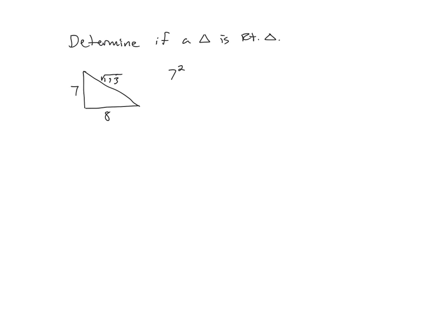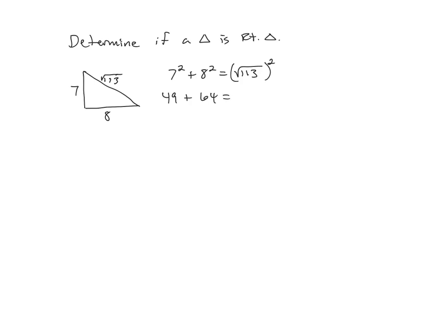So I'm just going to do 7 squared plus 8 squared equals the square root of 113 squared. Don't get intimidated by that square root thing. It's really easy. So 7 squared is 49. 8 squared is 64.